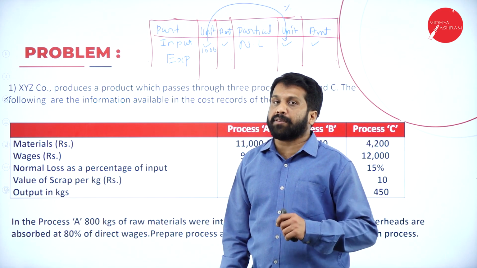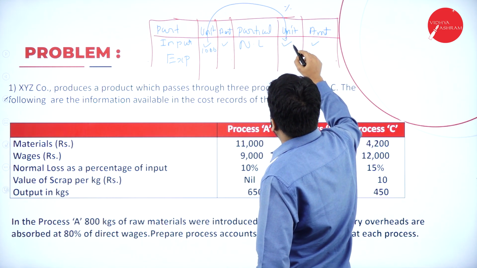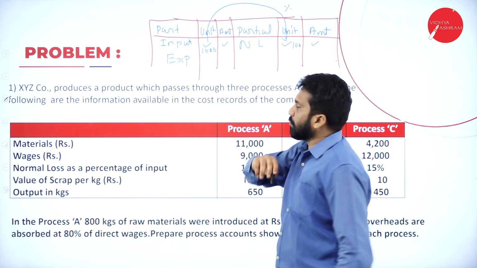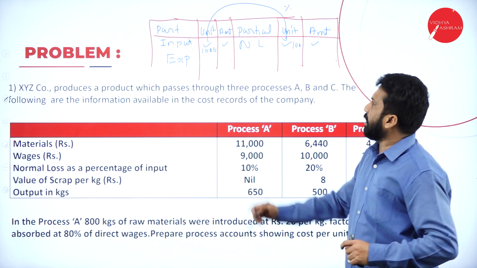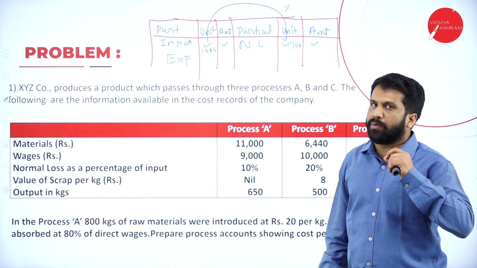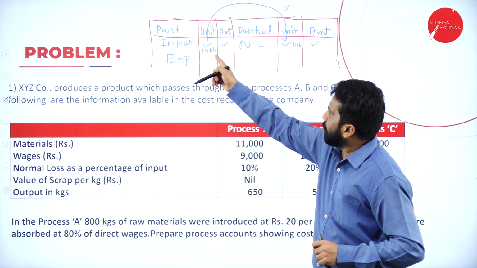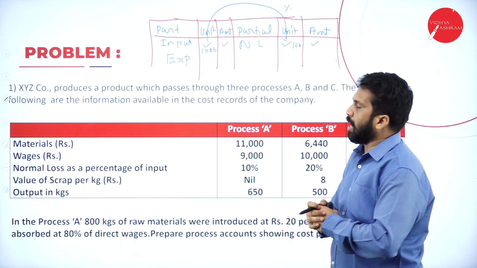In the question, they have given normal loss is 10%. 1000 into 10%, how much? 100. Hope you are clear. Normal loss is always calculated on units. Again, I'll repeat: normal loss is always calculated on units. Now, this is done. What about the amount?